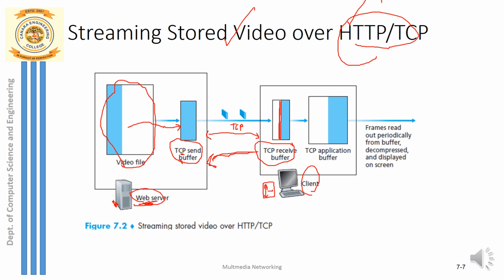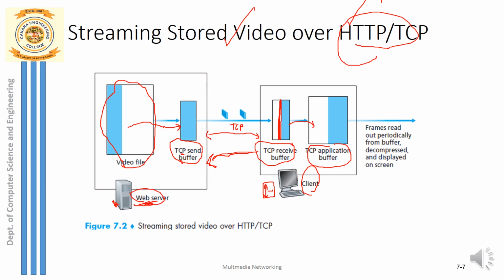In other words, the client's TCP receive buffer is filled up to half of its portion, and once this is filled, the bytes go to the application buffer, the second buffer maintained at the client side. At the application buffer, these bytes are now consumed, or you can say redirected to the TCP application buffer.